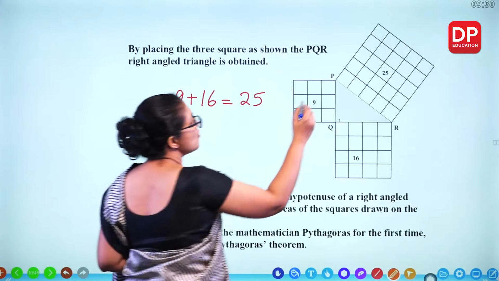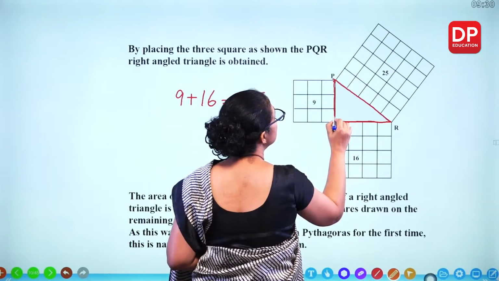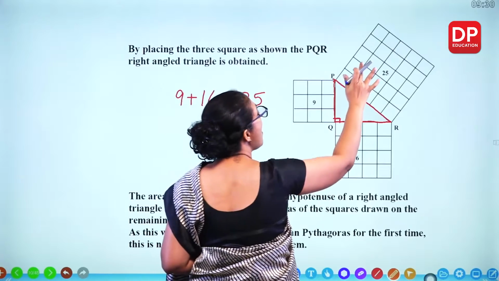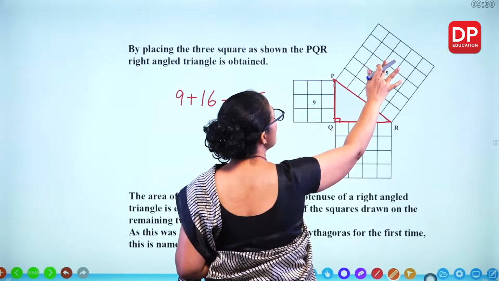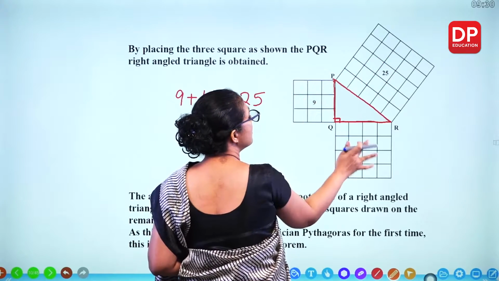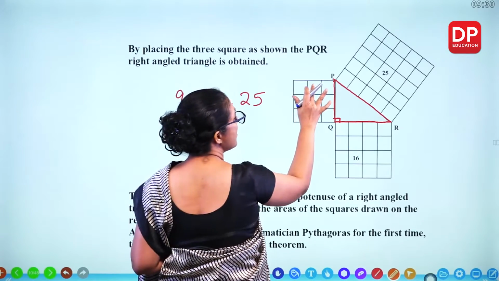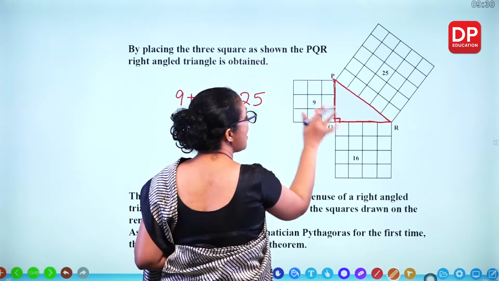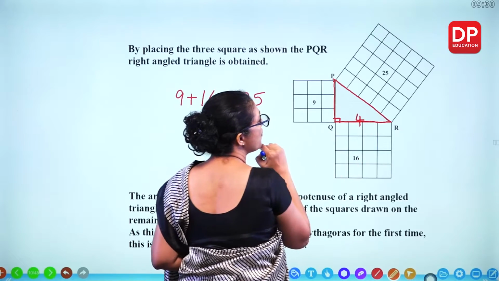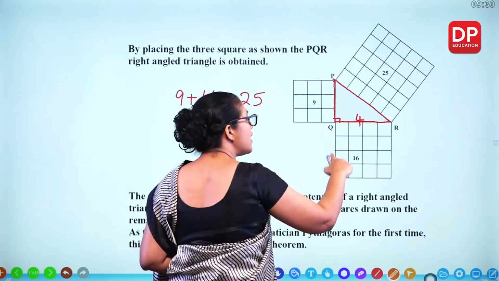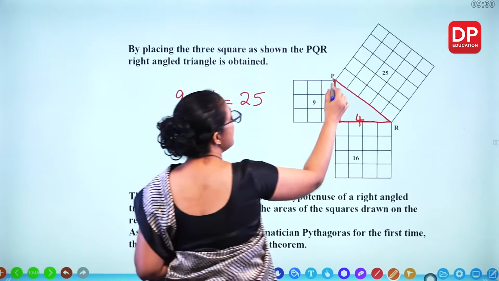So Pythagoras says when you get a right angle triangle, the area enclosed in the hypotenuse is equal to the sum of areas when you add the other two sides. So what's the side of this side? This one is 4. If the length is 4, the area, we write 4 times 4, that's 16. The length is 3 here.